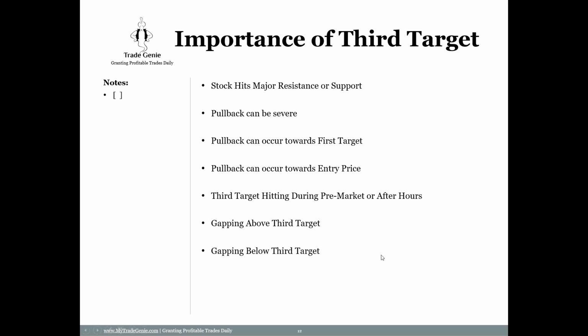So it's demoralizing. Now, the one thing which is very important is watching the stock if there is news. Traders don't understand this. If there is news and you already have a position open, and during the pre-market hours or after-market hours the stock is hitting that third target, the major resistance, somebody is selling.